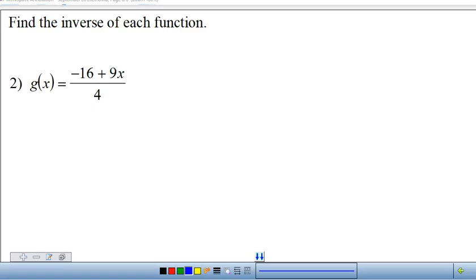In this second example, we're going to follow the same exact steps, but you may be looking at it and realize there is a fraction. So I'm going to take you through how to solve when you have a fraction. In this case, we have g of x, but we're going to start off by taking the g of x and changing it to y, just like we did in the previous problem.